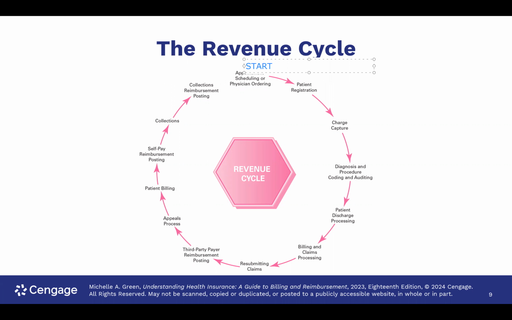With the patient scheduling an appointment, registering, the charge capture, the diagnosis and procedure coding, the discharge processing, the claim being processed, resubmitting it, the reimbursement from the third party, in other words, the insurance company, paper billing, the appeals, collections, and reimbursement. And again, it's very common to see these steps outlined in this kind of circular motion.